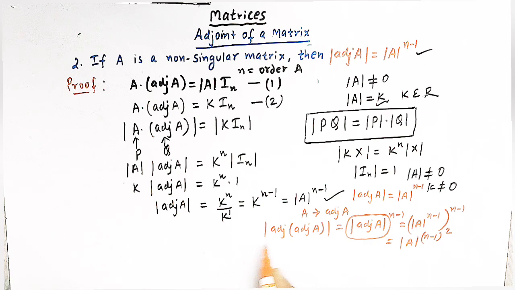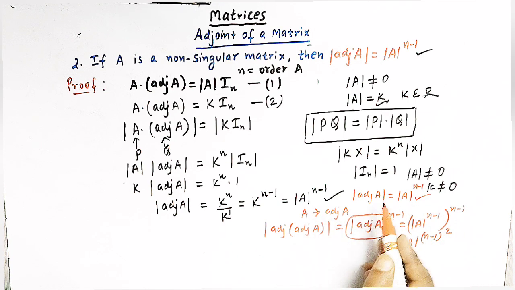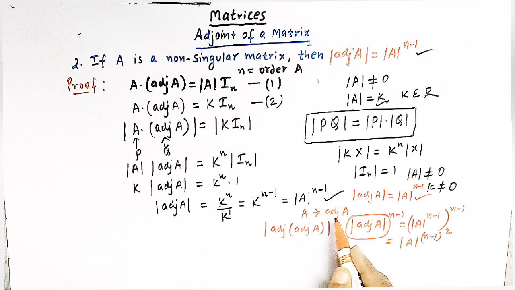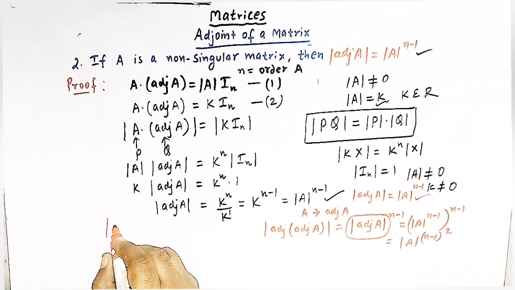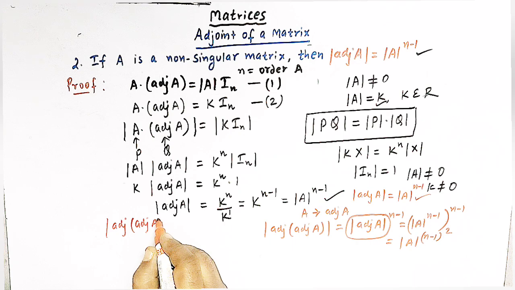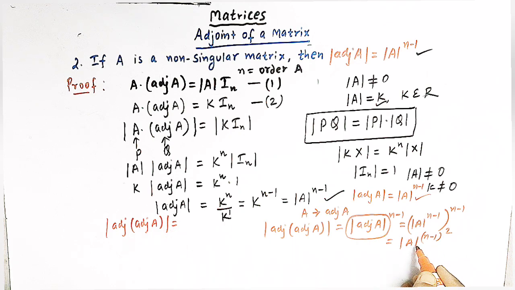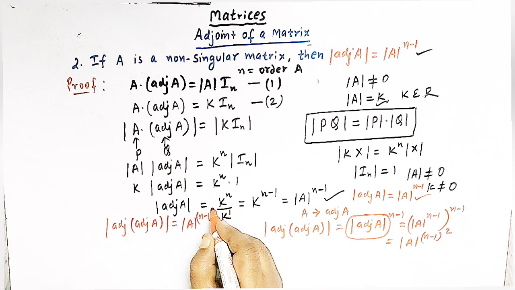So replacing matrix A by adjoint of A, we have another important result, that is the determinant of adjoint of adjoint of A is equal to the determinant of A raised to n minus 1 square.